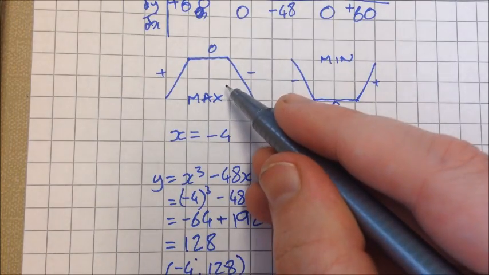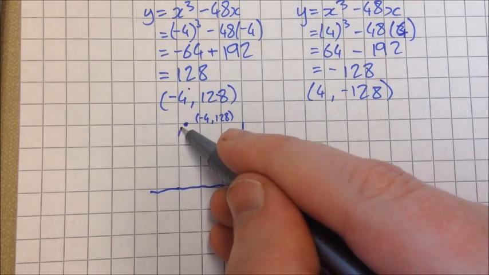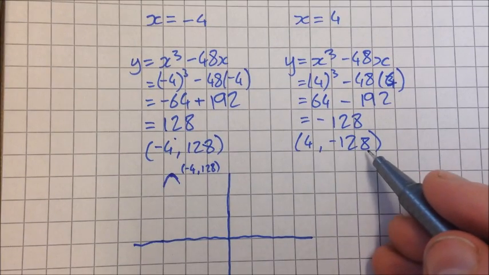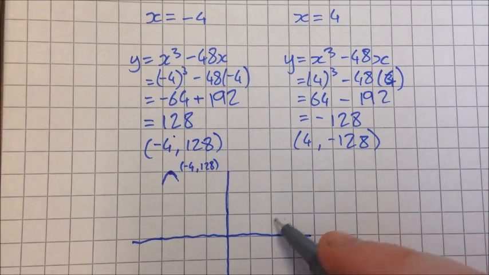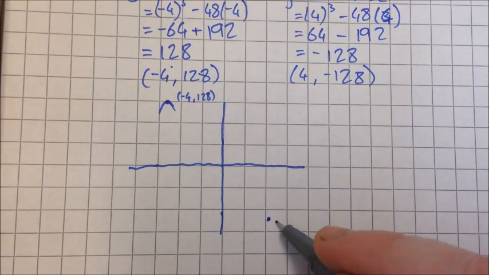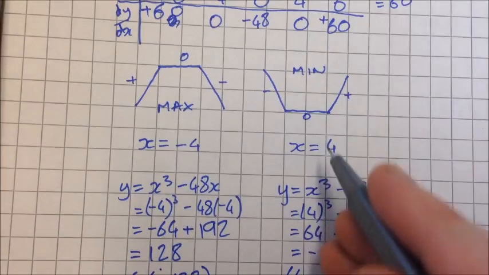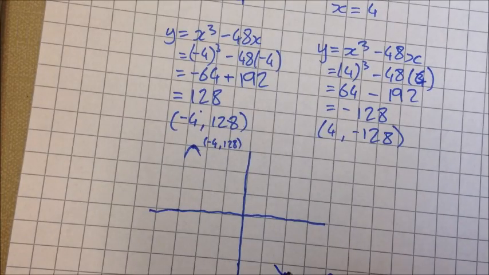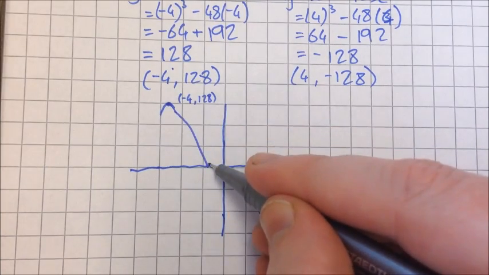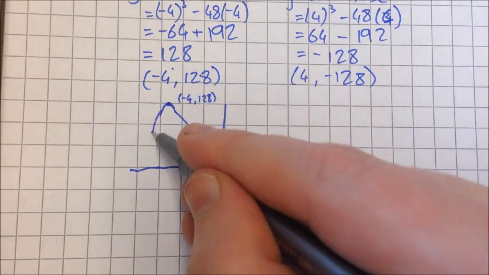Now -4, 128 is a maximum. So it's going to be like that. And for -128, that's down here somewhere. For -128, that's going to be a minimum. So it goes like that. I don't know how to draw this, but it's going to be something like that, isn't it?